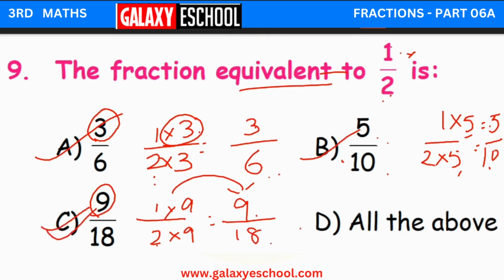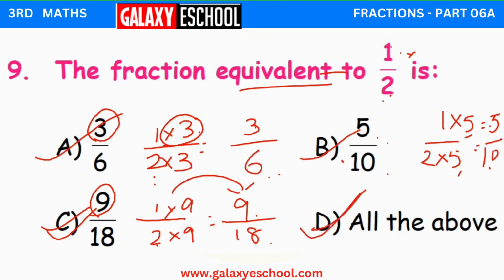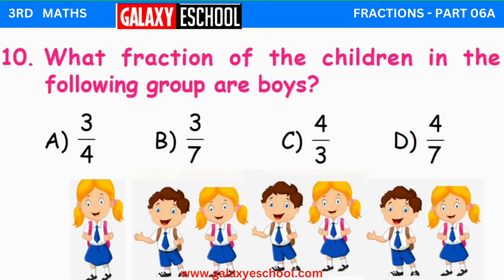So 9 by 18 is also an equivalent fraction. So what will be the correct option? Option D. All of the above are equivalent fractions to 1 by 2. Understood, children? Equivalent fractions are actually very simple. You just need to multiply or divide both the numerator and denominator with the same number.